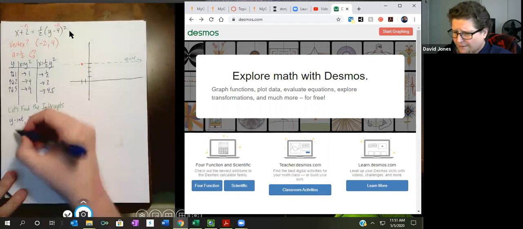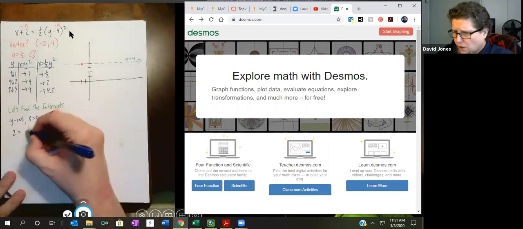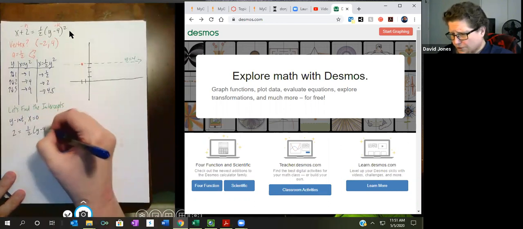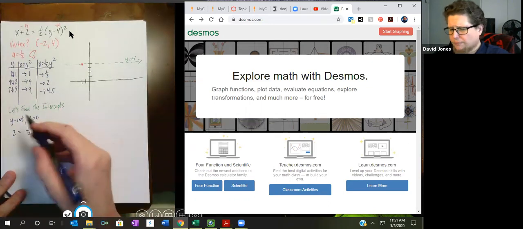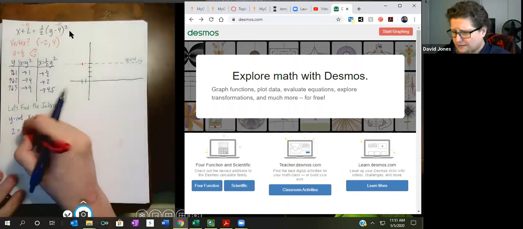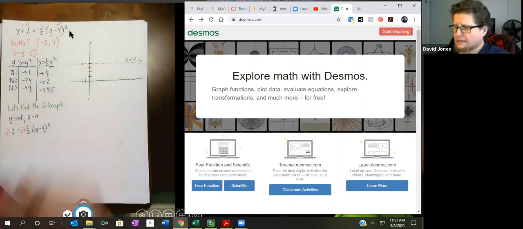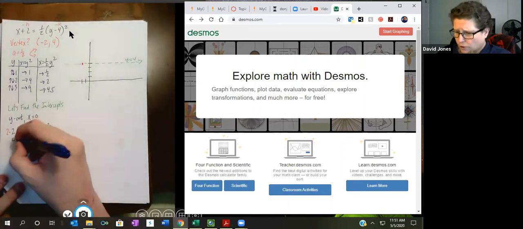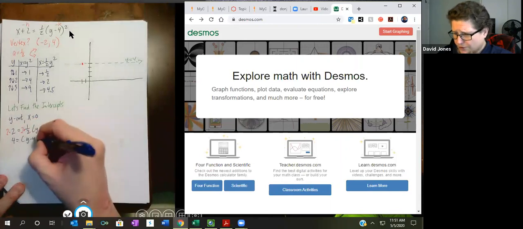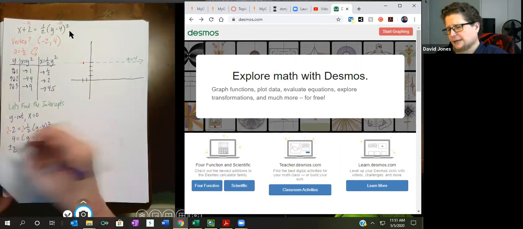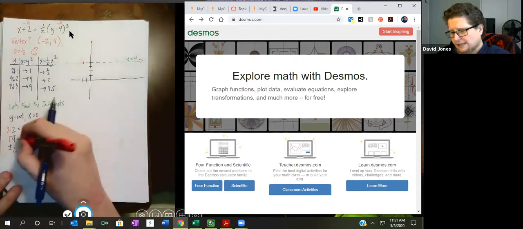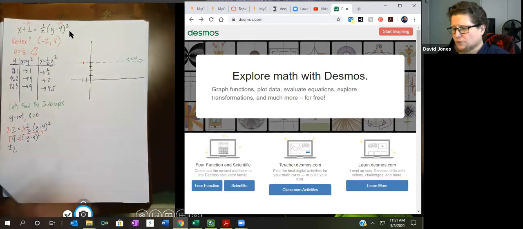If I do it here, I've got 2 = 1/2 (y - 4) squared. I'll multiply by 2 on both sides to get rid of that fraction, and I get 4 = (y - 4) squared. If I take the square root, I get plus or minus 2 equals y - 4.